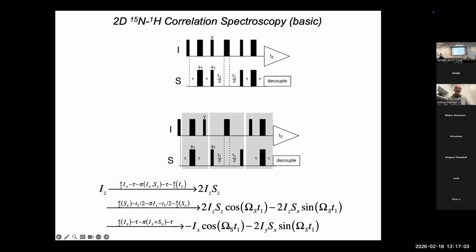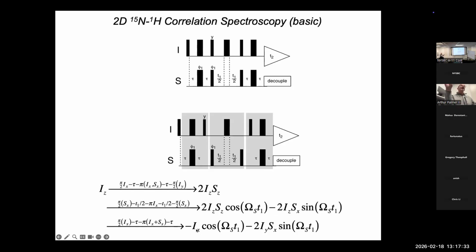Here, in this dimension, in the T1 dimension, we're just going to get a singlet at the omega S frequency. IX, we'll turn on decoupling so that we collapse what would be a doublet to a singlet, and IX is in phase, an absorptive signal. So we have absorptive line shape.